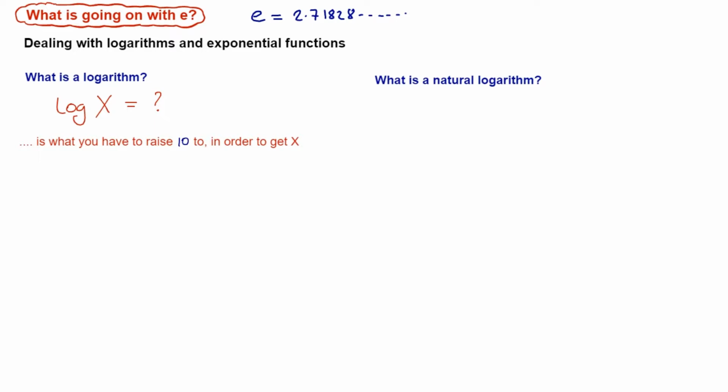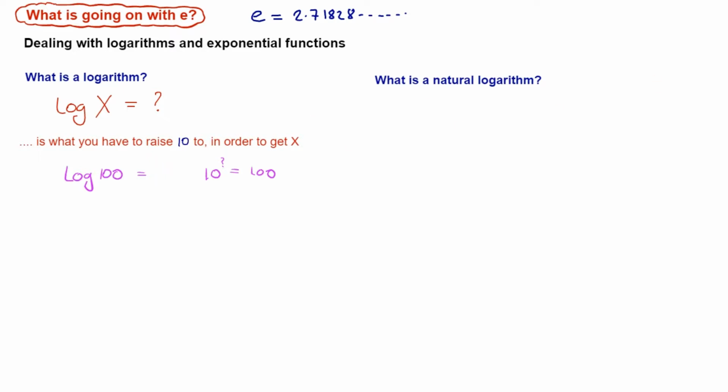Let me give you a couple of examples. If I said, what's the log of 100? Well, what do I have to raise 10 to in order to get 100? Of course, we know straight away, 10 squared is 100. So the log of 100 is 2.